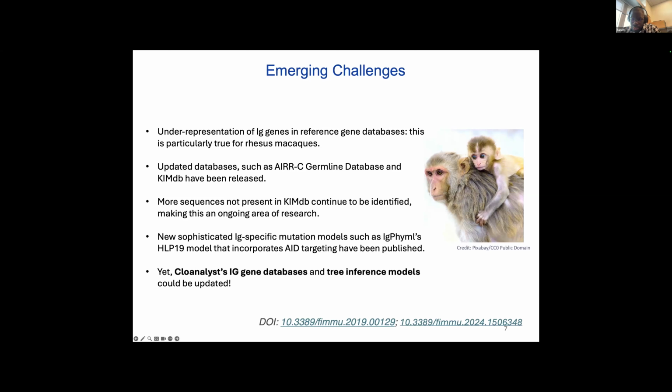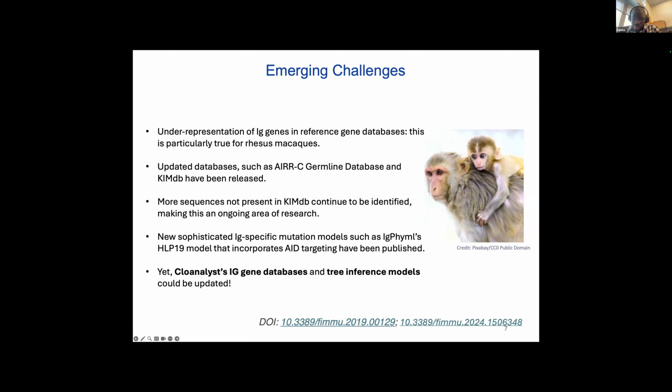Recently, updated gene databases such as ASC Germline database and KimDB have been published, and most sequences not present in these databases continue to be identified, making this an ongoing area of research.